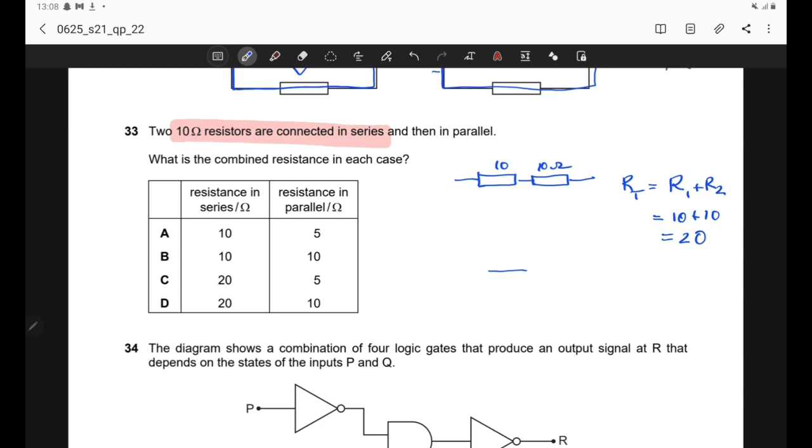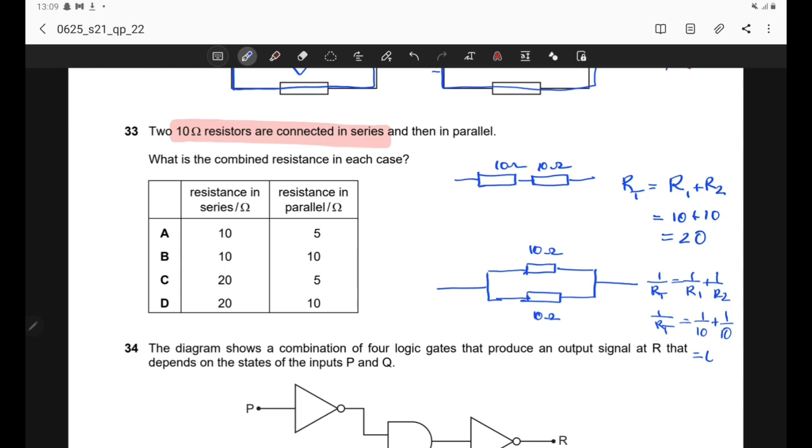Now we can see what will happen when we connect these two 10 ohm resistors in parallel. Here we have to use the equation 1 over R total is equal to 1 over R1 plus 1 over R2. That is 1 over R total equals 1 over 10 plus 1 over 10.